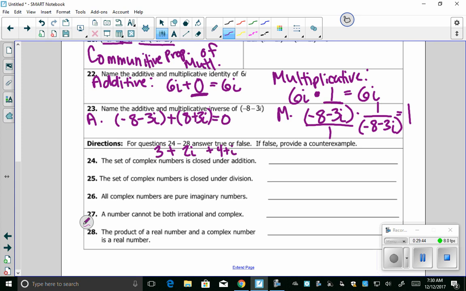Just random. Okay? So if I add all this together, because I have two complex numbers, 3 plus 4 is 7. 2i plus i is 3i. Well, that's still a complex number. So it's true.